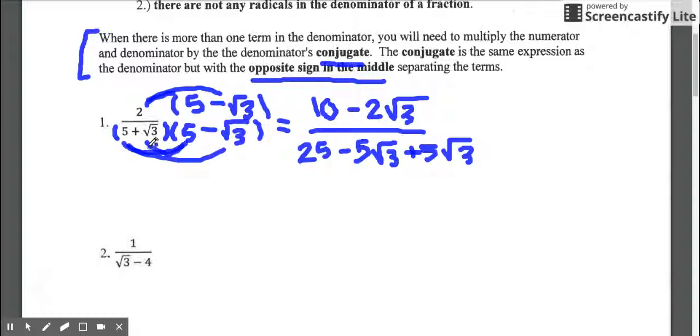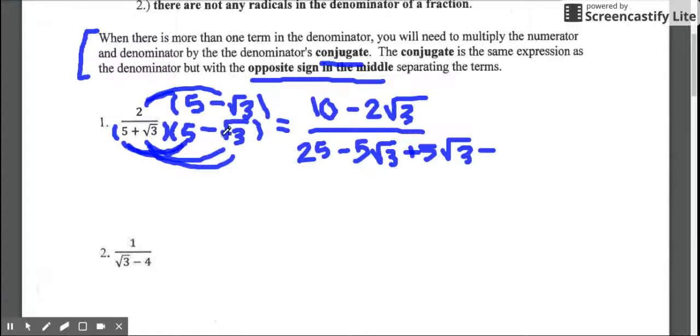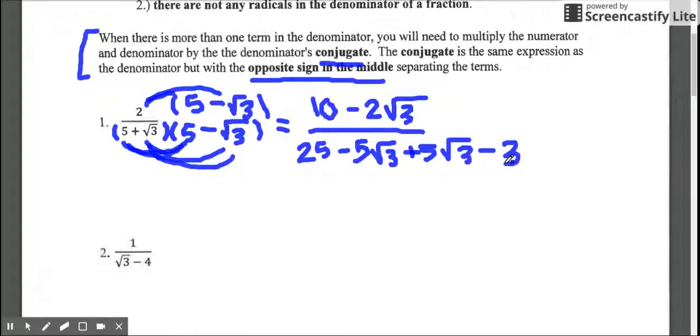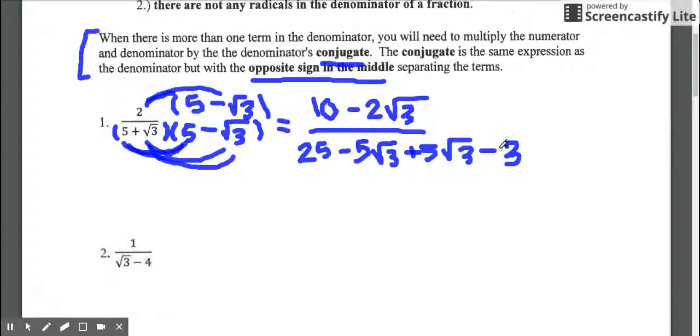And for our last, we have root 3 times negative root 3. Remember that a root times a root is like saying a root squared. So I'm going to keep positive times negative as negative, but root 3 times root 3 is just plain old 3, because root 3 squared gets rid of that root sign.